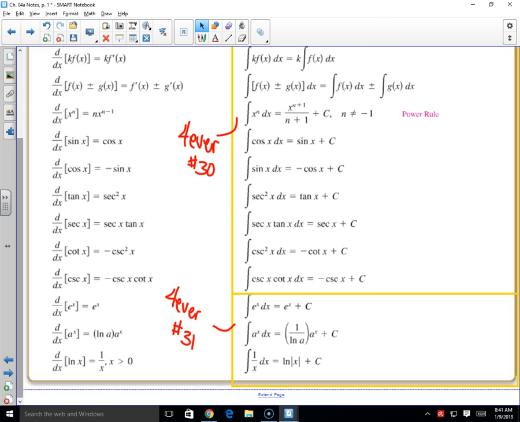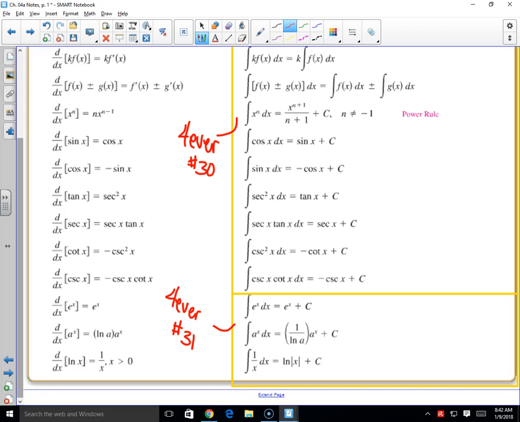Because if I was to take the derivative of a to the x, it has an ln of a. So if I was to take the derivative of this guy, it would be ln of a times a to the x over ln of a. Cancels. Very similar to the power rule for integration, how I have to divide by that constant. Same thing here. I have to divide by ln of a to get rid of him.